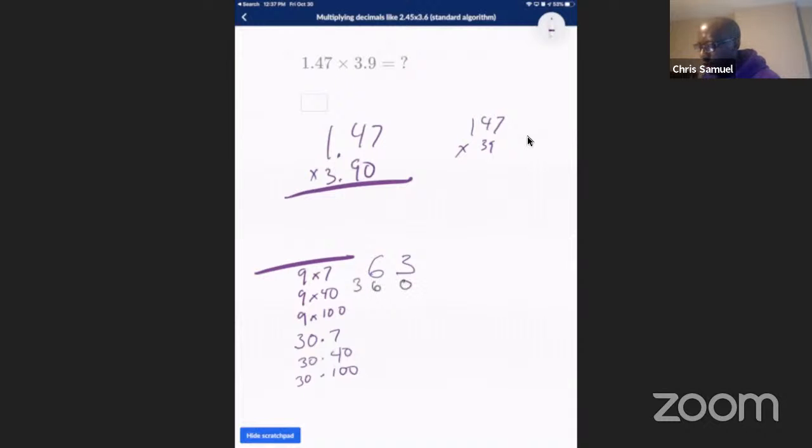And then you have 9 times 100 is 900. And then we have 30 times 7 is 210. 30 times 40 is a bigger number like that. So that's 1,200. And then we have 30 times 100. Since we know 3 times 100 is 300, 30 times 100 is 3,000.